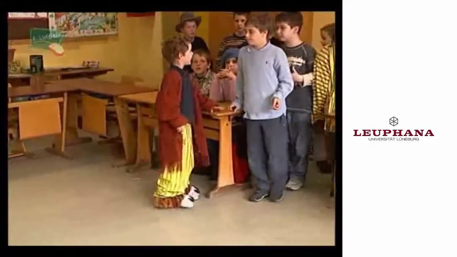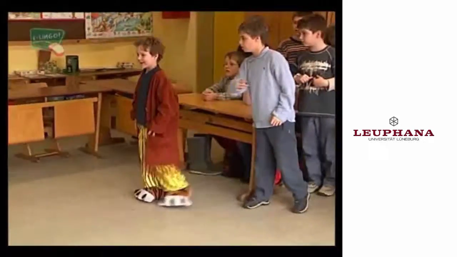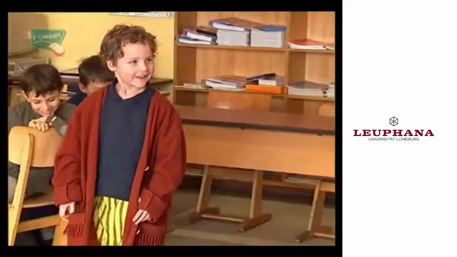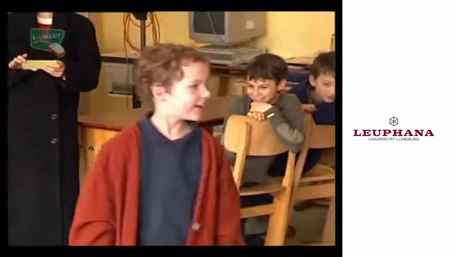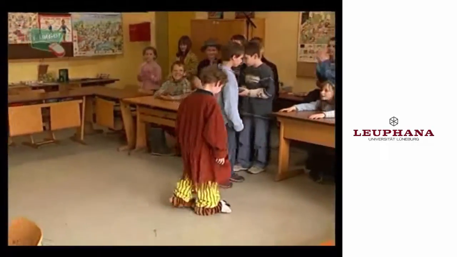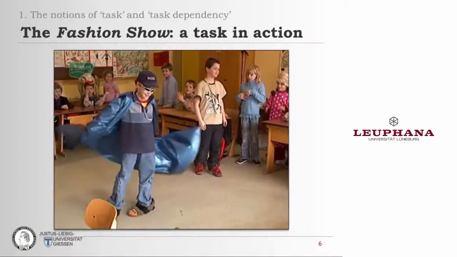Fifth. Here we go. Louder. This is Harry. He is wearing a cowboy jacket, a trousers with yellow and black stripes and tiger silver.